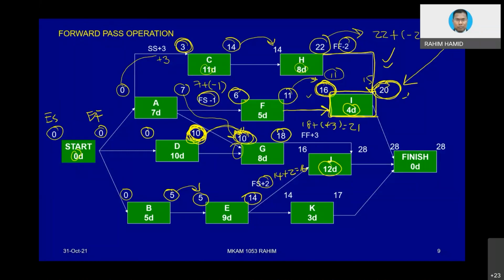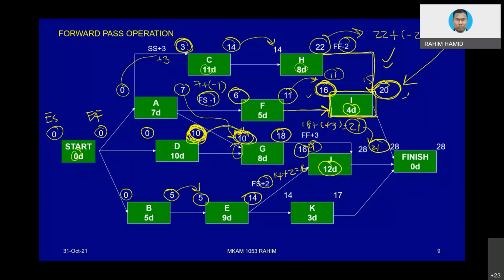So the value 21 will go into this 21. If it is 21, then what would happen to the start of J? We can subtract 12. That will be 9, isn't it? 9. But 9 is much lower than 16, because in the forward pass we take the bigger value.